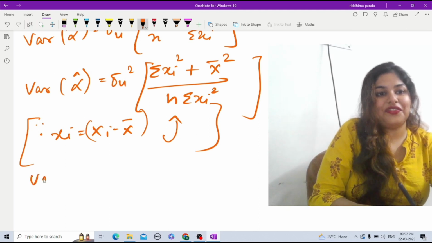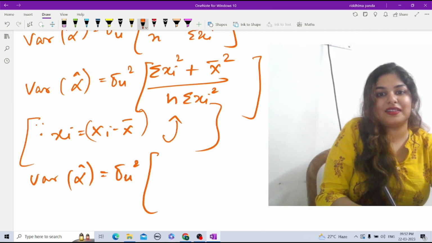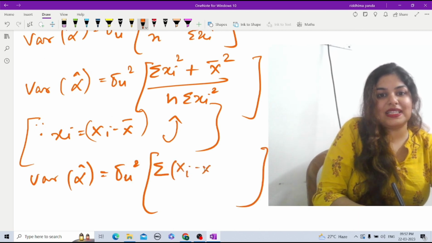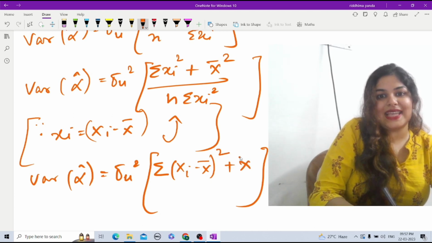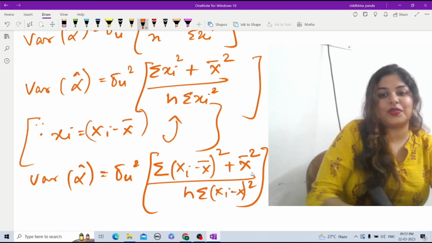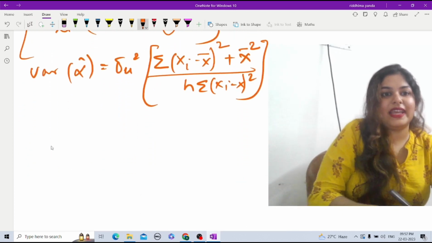That is variance of alpha hat is equals to sigma u square (summation (xi minus x bar) whole square plus x bar whole square, right) divided by n summation (xi minus x bar) whole square. Now let's simplify again, expand.